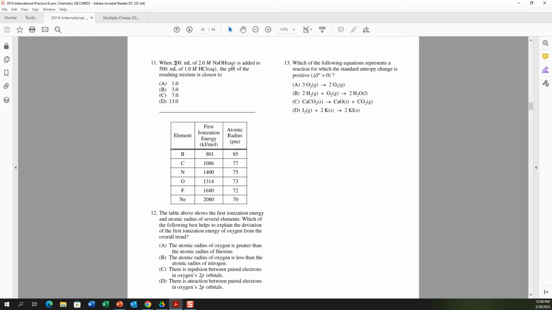If we do 0.2 times 2, that gives us how many moles of hydroxide we started with. 0.5 times 1 gives how many moles of H plus we started with. Then big number minus small number gives how much is left over. We have 0.5 moles of H plus and 0.4 moles of hydroxide. So we're going to run out of hydroxide, and we're still going to have H plus.